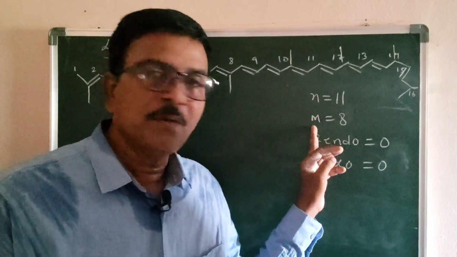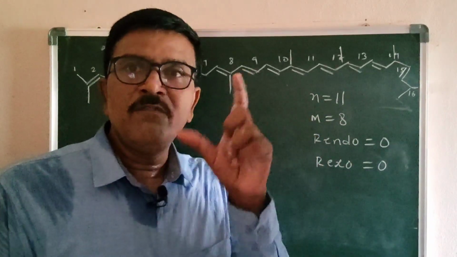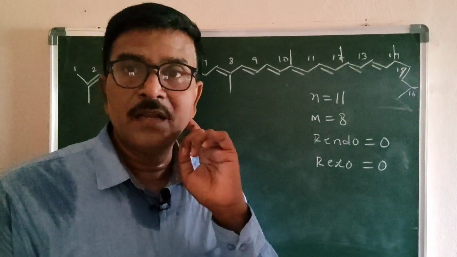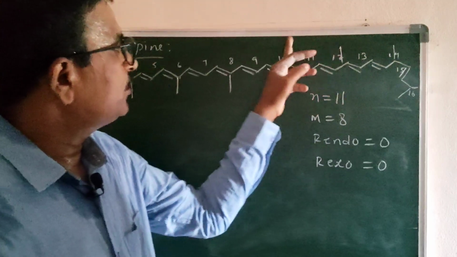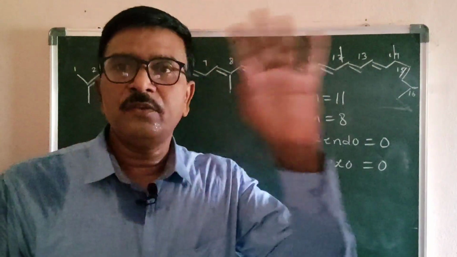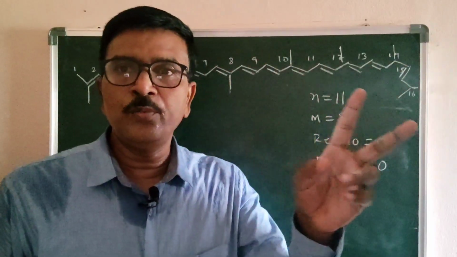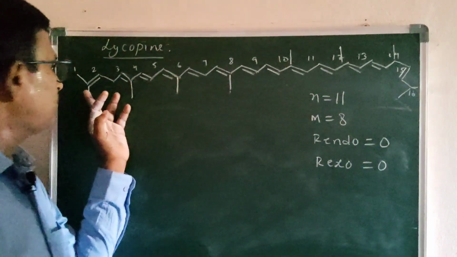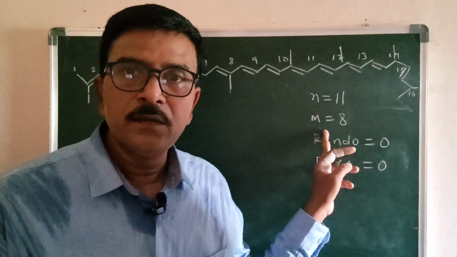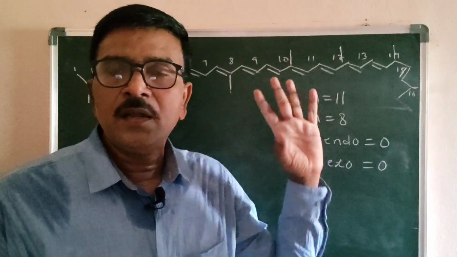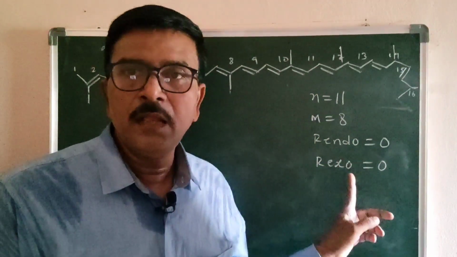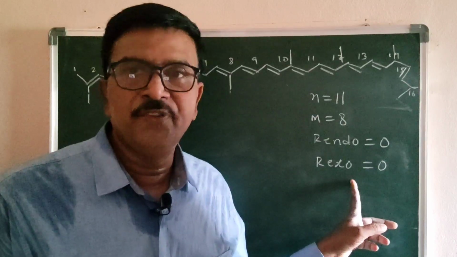Coming to the substituents, on the 11 conjugated double bonds there are 6 alkyl groups, 1, 2, 3, 4, 5, 6. At the first terminus and last terminus there are 2 groups attached, this is 1, this is 2. So total 6 plus 2, M is equal to 8. It does not contain any ring, therefore endocyclic and exocyclic double bonds are absent.